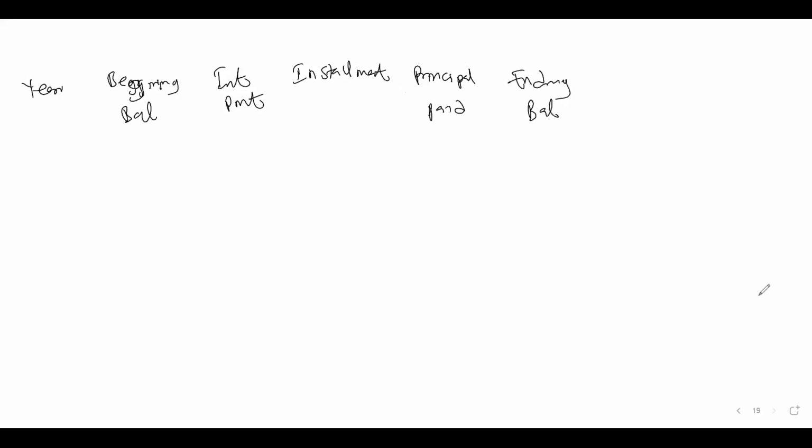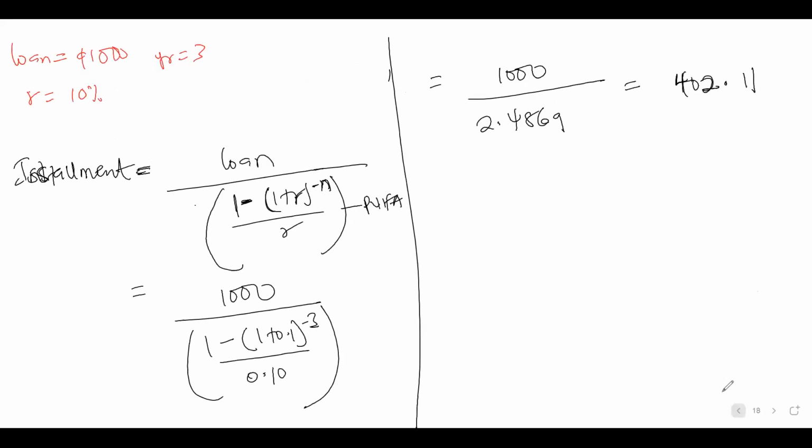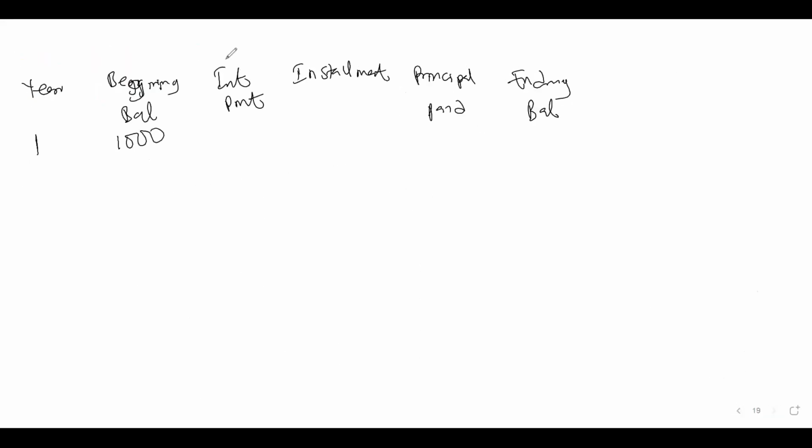Okay, so let's see. Year one, the beginning balance on the loan was 1,000 cedis. Interest rate is 10%. So 10% of 1,000 is 100.